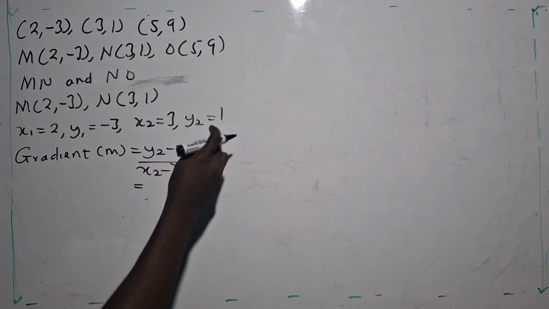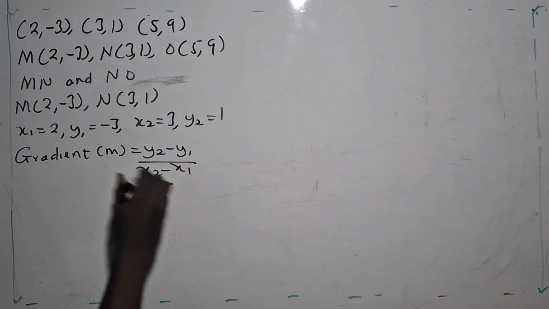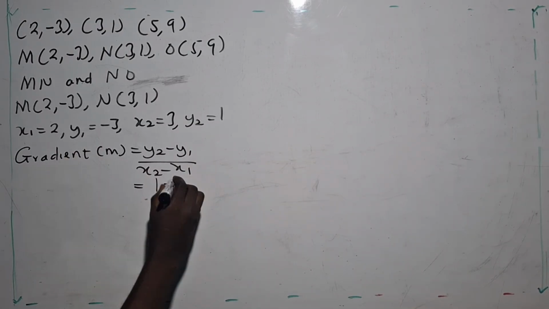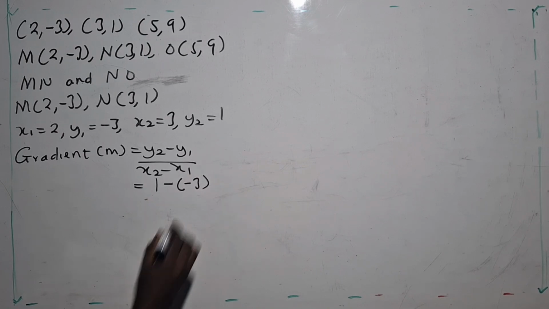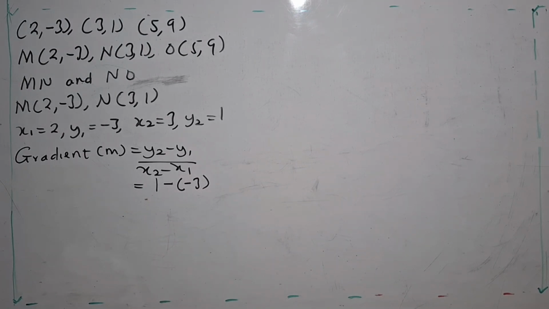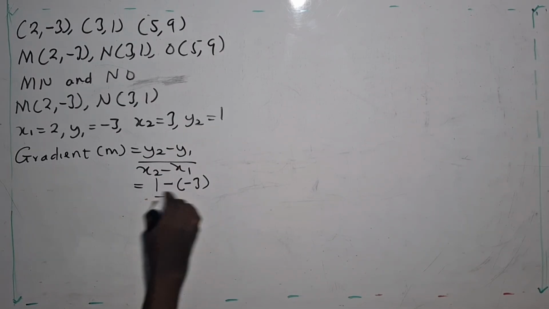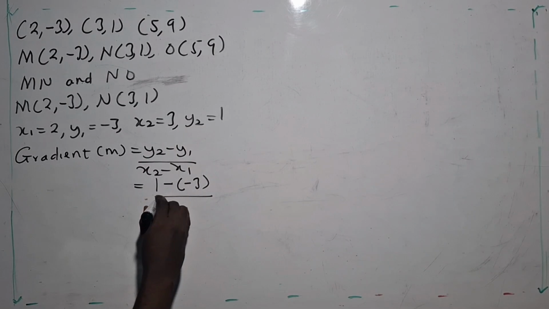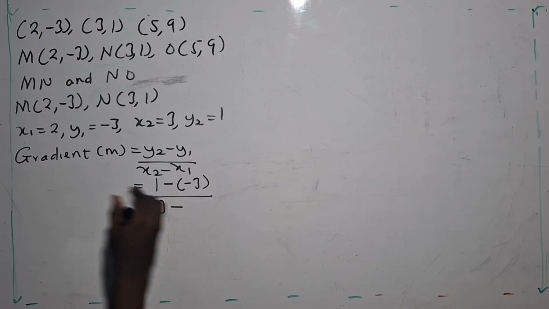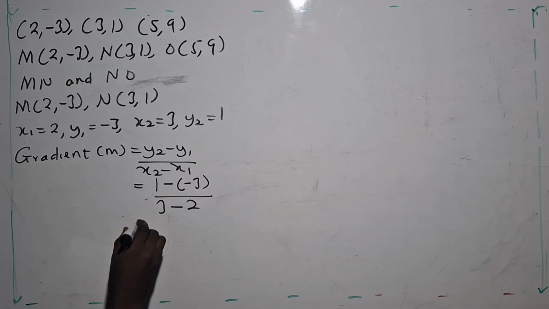Now what's our y2? y2 is 1 minus y1. y1 is negative, so I've told you it's going to be in brackets. When the number has a negative and there's a negative in the formula, the second one will be in brackets with the number. Don't forget that. So we have 3 here minus 2.